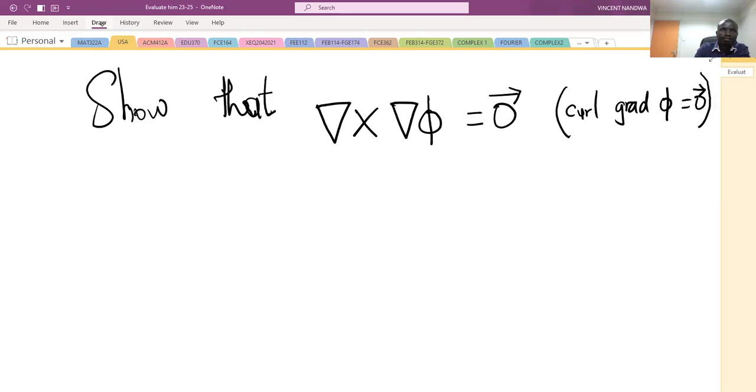So the proof of this one comes from the definition of both the gradient of a scalar function and the curl of a vector.